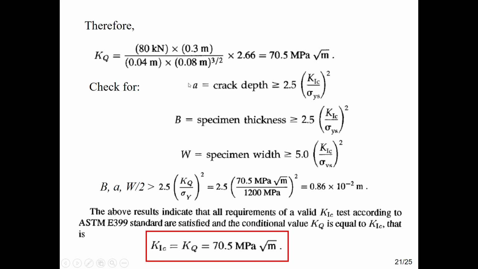So check for A equal to the crack length, which is 2.5 times this term, for the B specimen, whether it obeys this condition or not.